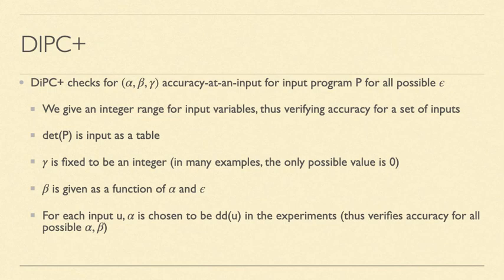Beta itself is given as a function of alpha and epsilon, and for each u we just choose alpha to be the distance to disagreement in the experiments, and so that means that we actually verify accuracy for all possible values of alpha, beta, and gamma for this input. So we actually do verify accuracy at an input.